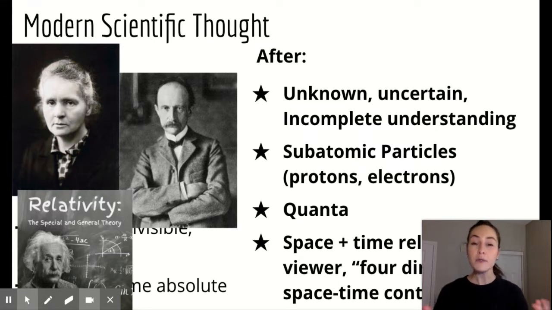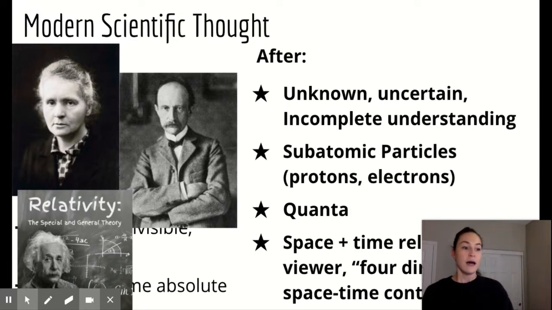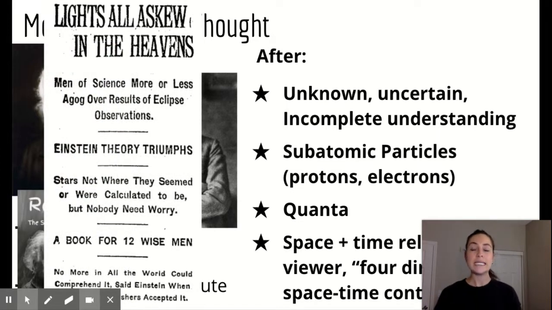In fact, in 1939 Albert Einstein writes a letter to American President Franklin Roosevelt and says, "Look, we need to start developing nuclear weapons because the Germans in Nazi Germany are already starting to do it, and that's going to be bad." So he's actually one of the people who gets the ball rolling for nuclear weapon development in the United States.